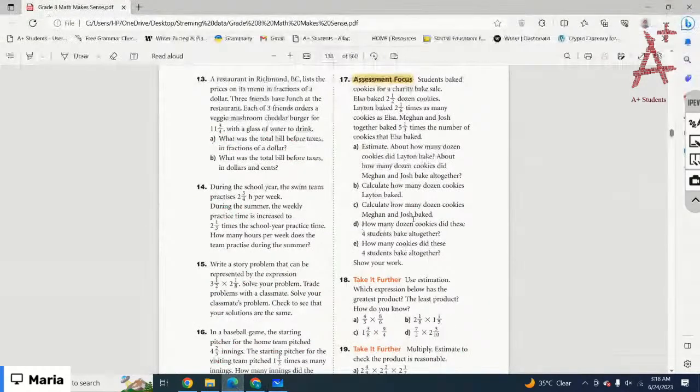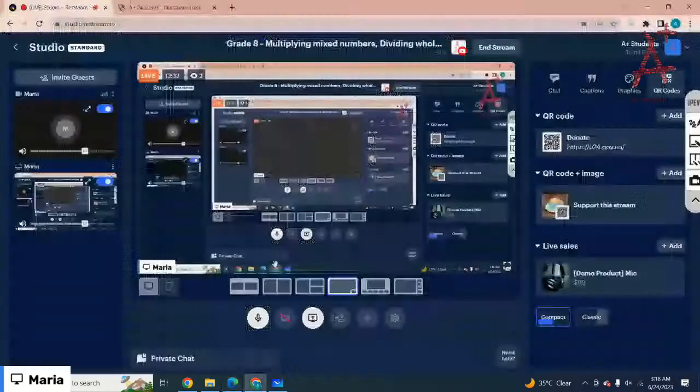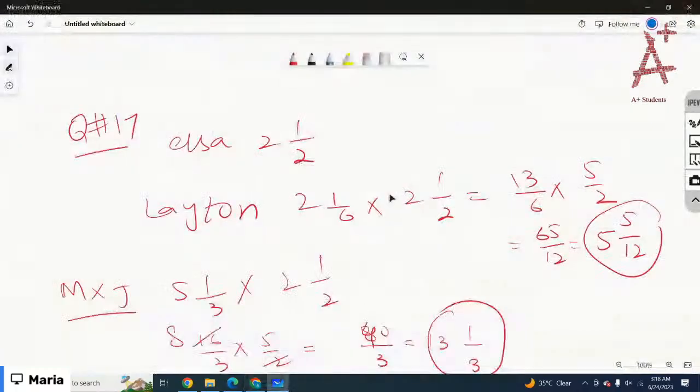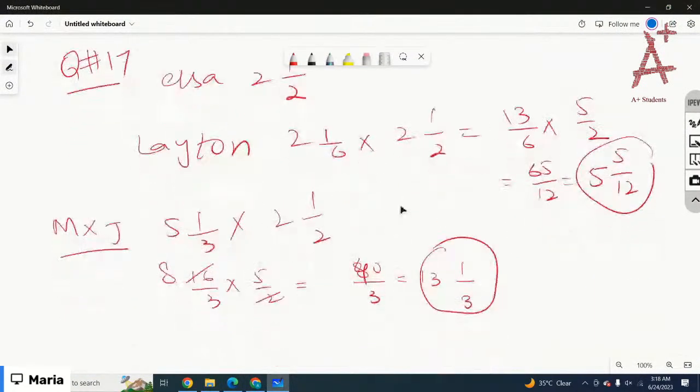Okay. D part is how many dozen cookies did these four students bake all together? So you have to calculate how many cookies they baked all together. That means you have to add all the fractions. Got it? So let's just add all the fractions. Elsa baked 2 whole 1 over 2, plus 13 whole 1 over 3, plus 5 whole 5 over 12.